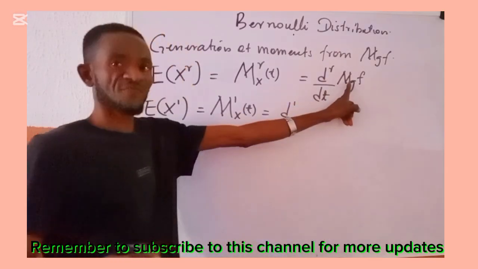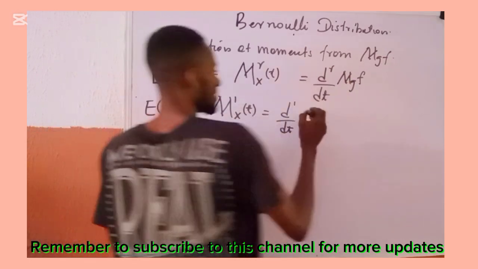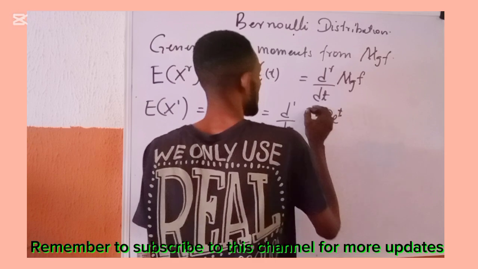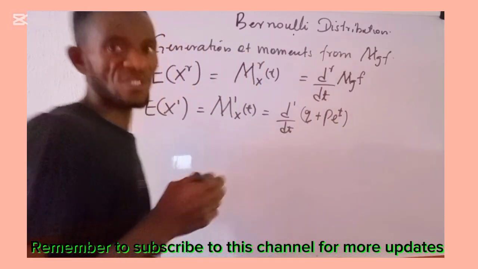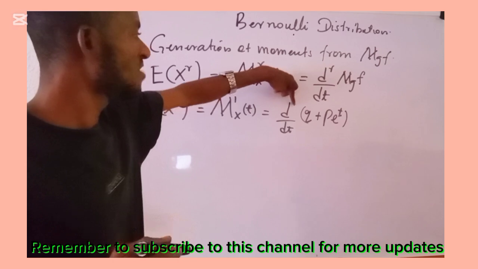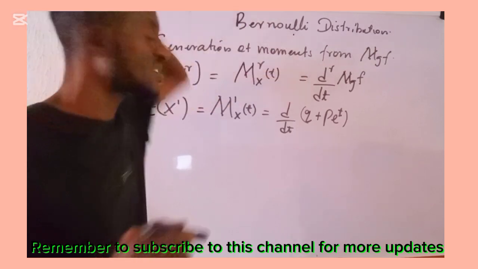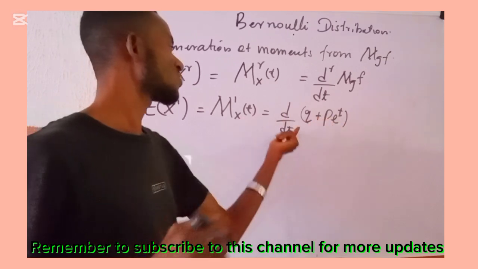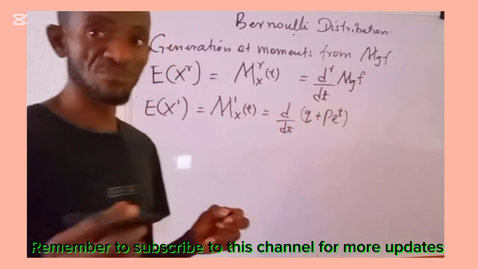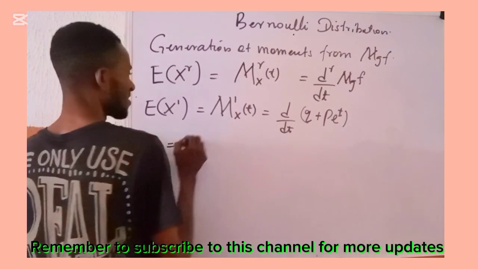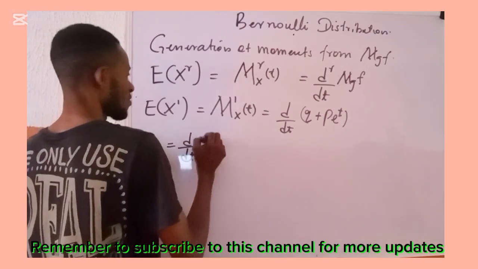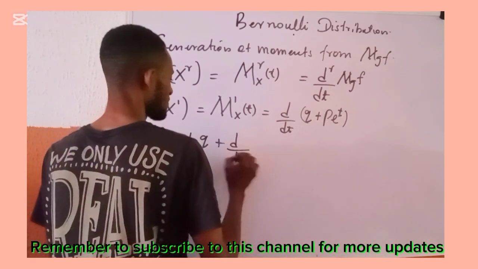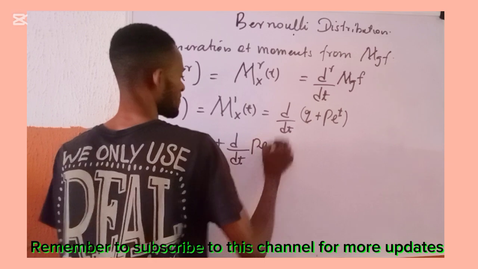Remember that the MGF of a Bernoulli distribution is given as Q plus P of E^t. And remember anything raised to power 1 is itself. So this is just like differentiating this once. Let me first of all open this bracket with this differentiation symbol. So this will give me d dt of Q, plus d dt of P of E^t.